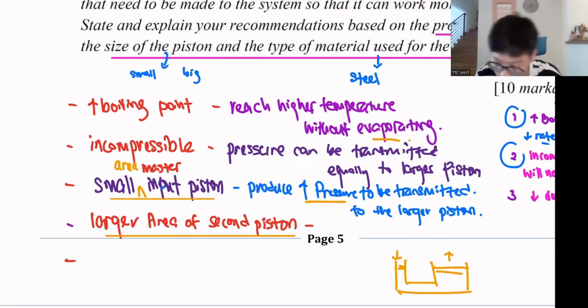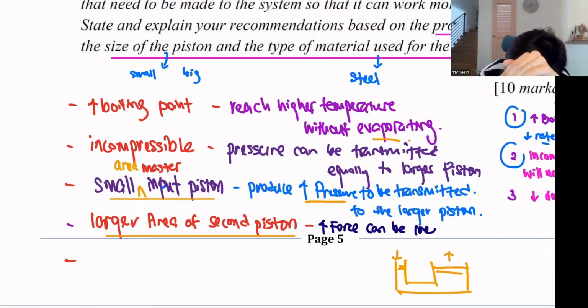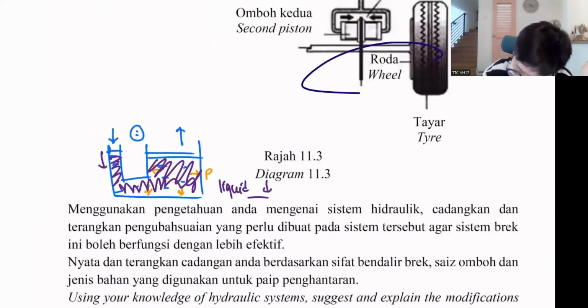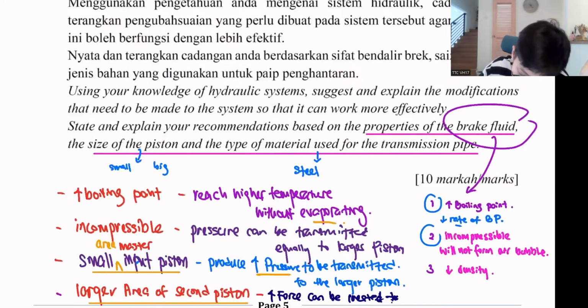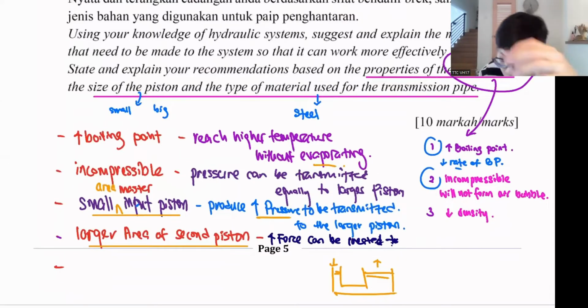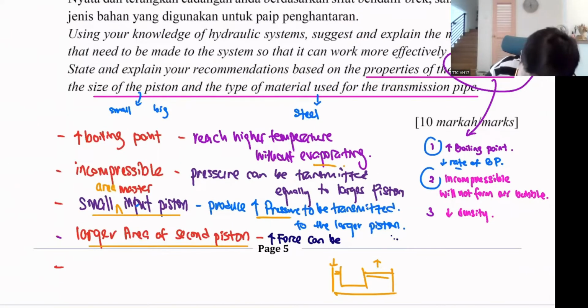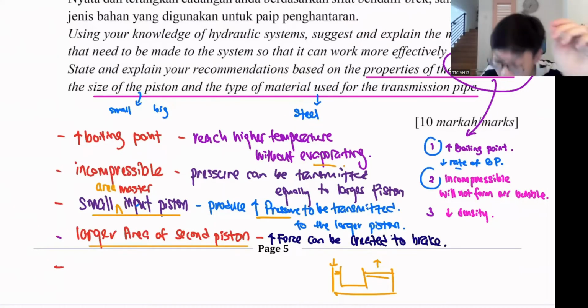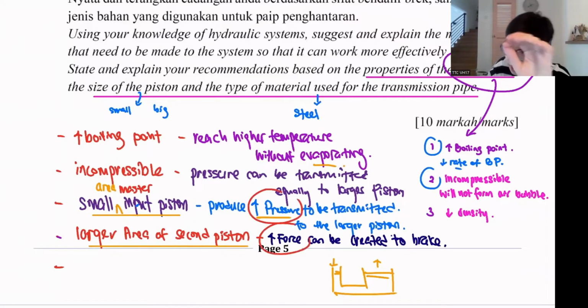The output area is so that a larger force can be created to brake, because this is a hydraulic brake. So one is higher pressure, the other one is higher force. The answers are totally not the same.